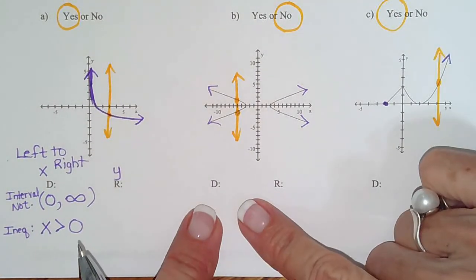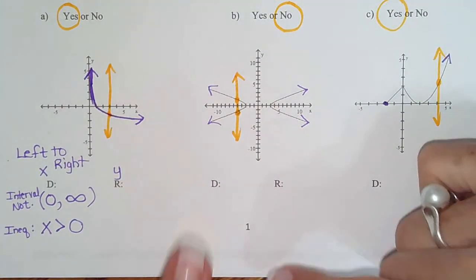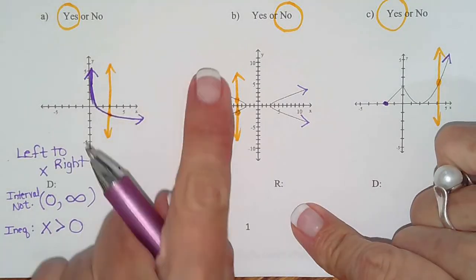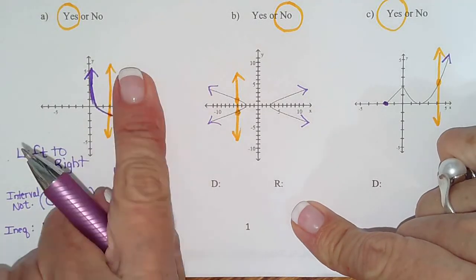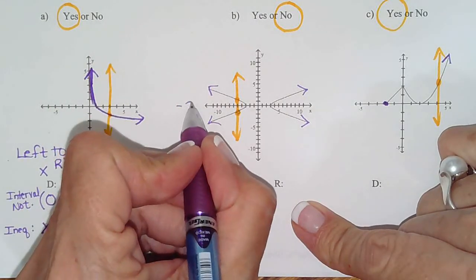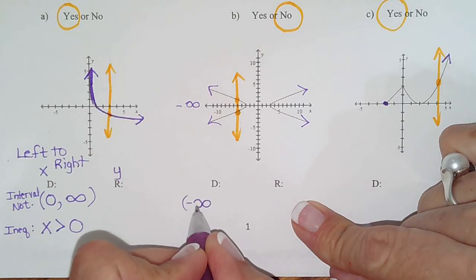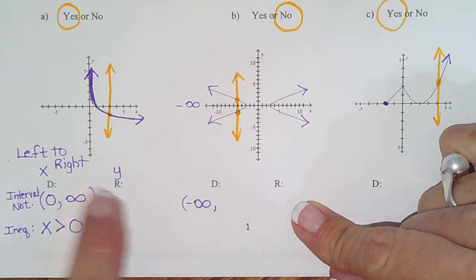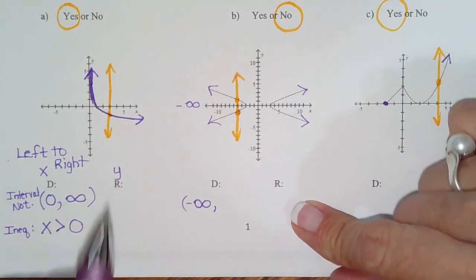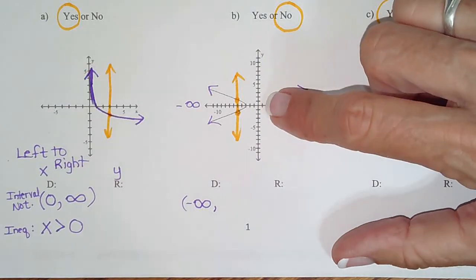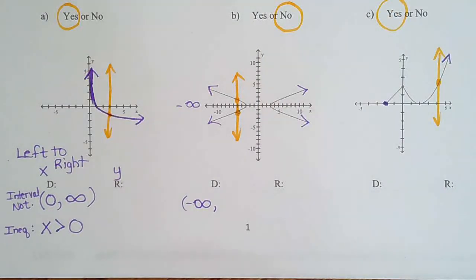Okay, this domain is much more difficult. So going left, see the arrows? That means it goes all the way to negative infinity. So it'd be negative infinity, comma, oh, we forgot to do the y's. I'll come back and do those. And then it goes up to, is that negative 2 it looks like?